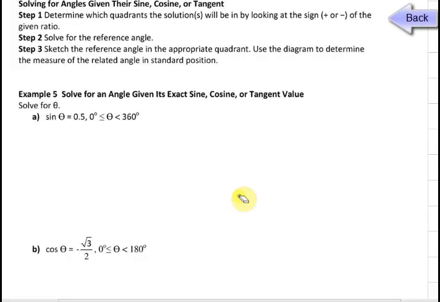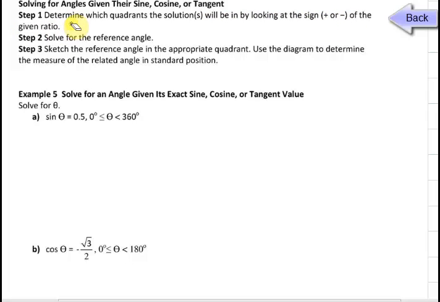Okay, so our next two examples will be taking a look at solving trigonometric equations. That means we're going to be solving for an unknown angle when we are given their sine, cosine, or tangent. So there's three steps that we want to take a look at. The first step is to determine which quadrants the solution or solutions will be in by looking at the sign, positive or negative, of the given ratio.